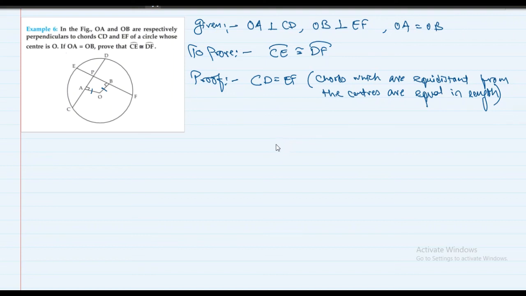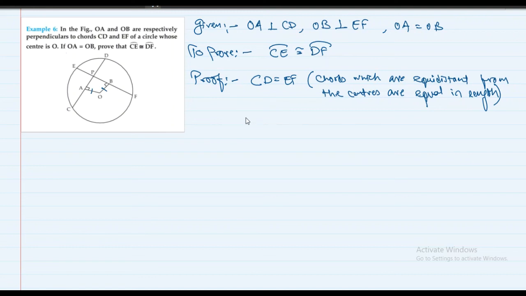So OA and OB are equal, that is, the perpendicular distances of the chords from the center are equal. That means the chords must be equal, right? These two chords are at equal distance from the center, so their lengths will be equal. Okay, so we proved that CD is equal to EF.